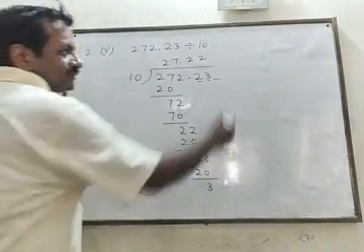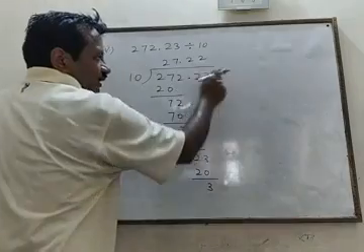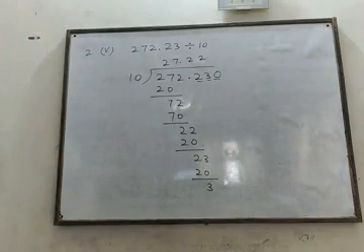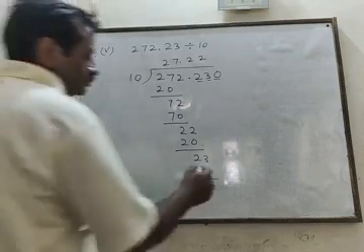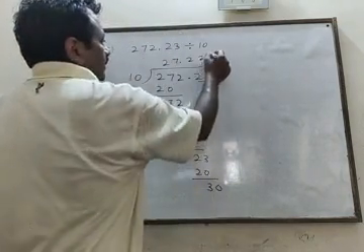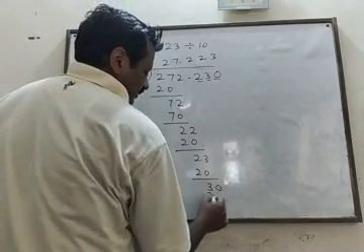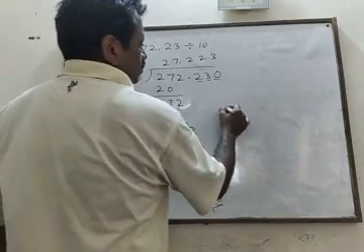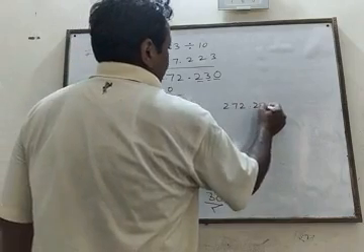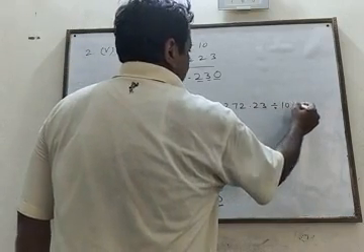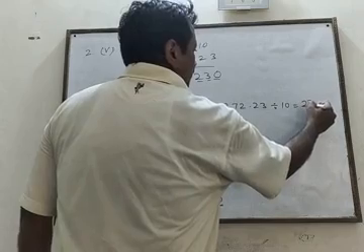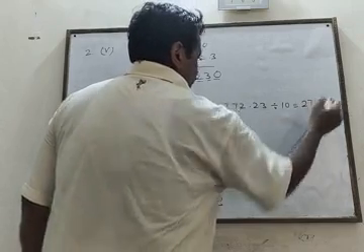And next number is 0, because after the decimal at the end there are many infinite zeros. So take 1 0. 10 3 ja 30. So 272.23 divided by 10 is equal to 27.223.